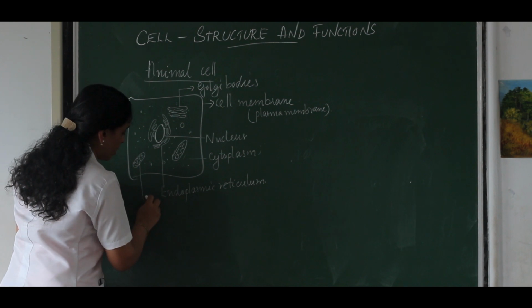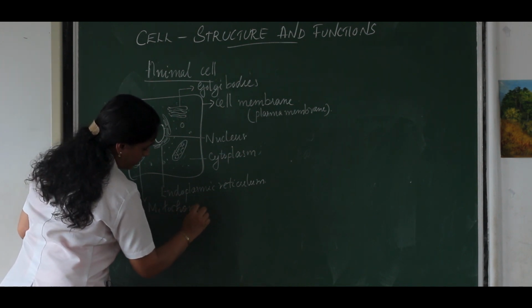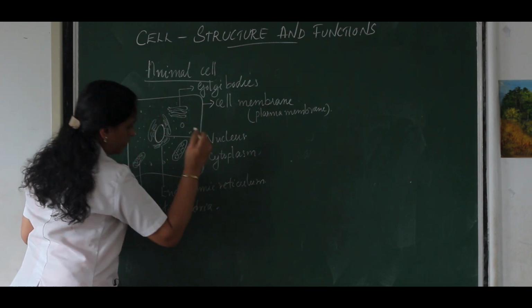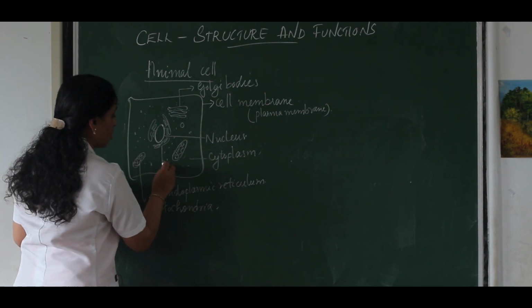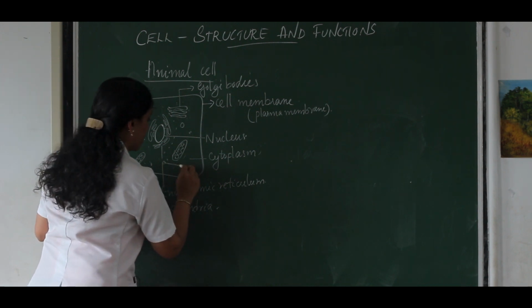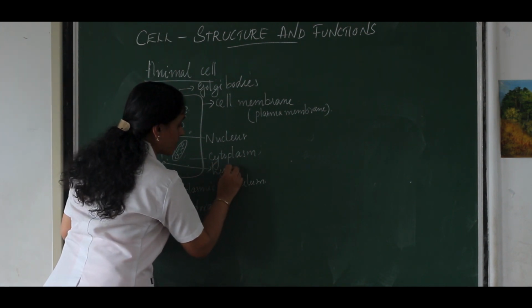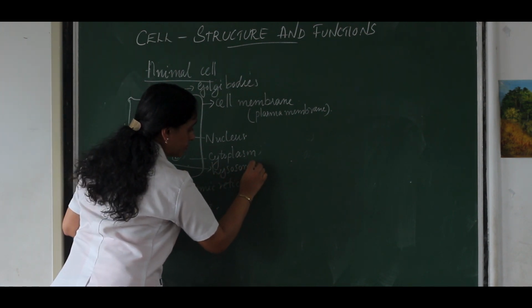It is known as mitochondria. And again, there are small, spherical, tiny structures scattered inside the cytoplasm, known as lysosomes.